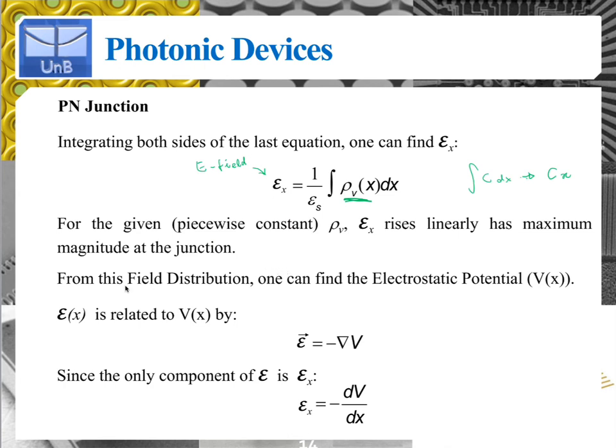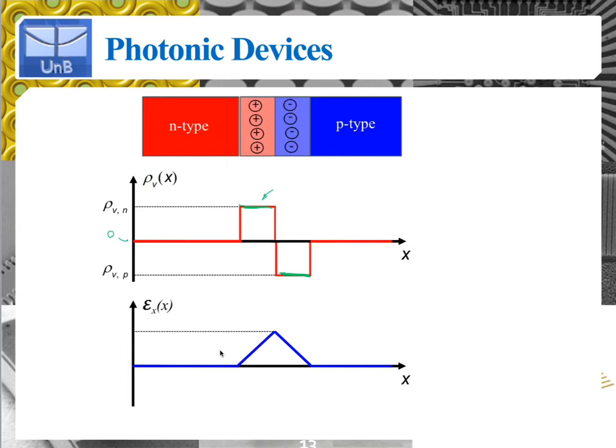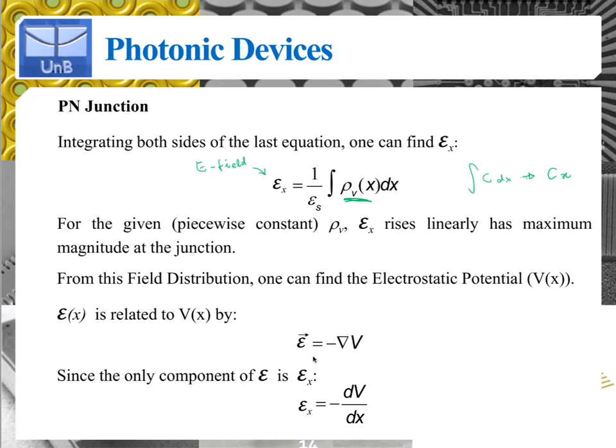Now from this field distribution, from this Ex, which is the only field component, we can find the electric potential V. Now how can we do this? We know that the electric field is the negative of the gradient of the electric potential.